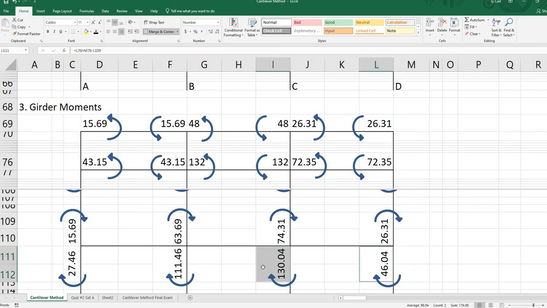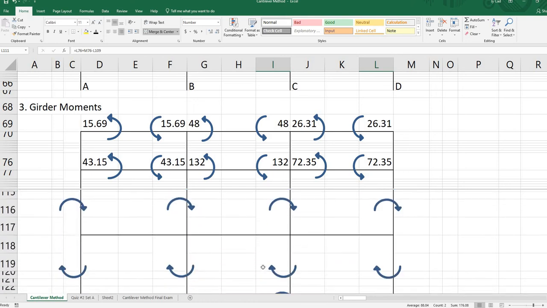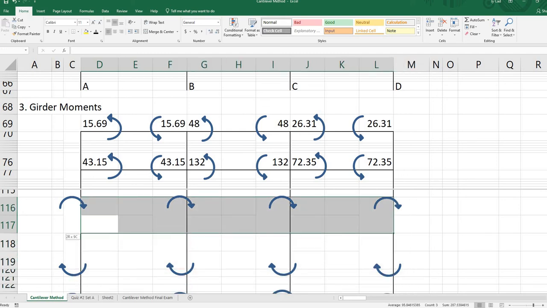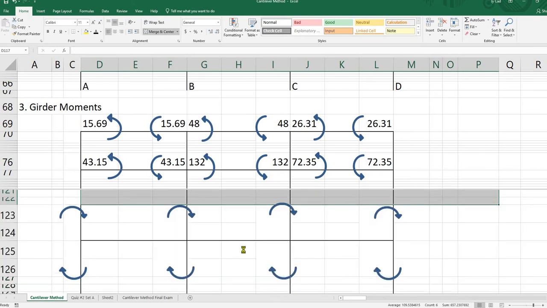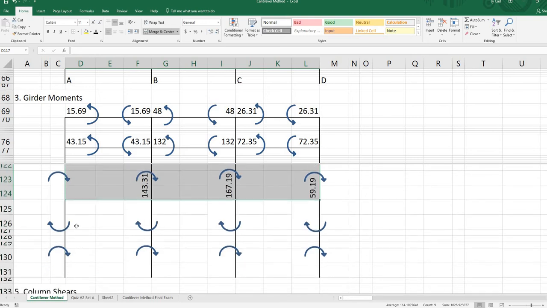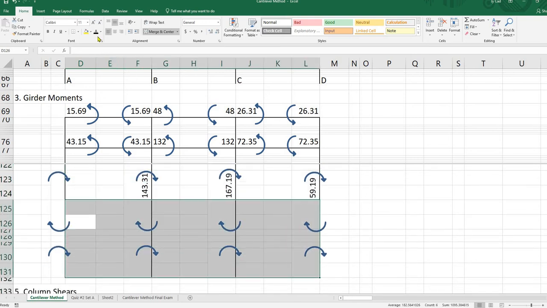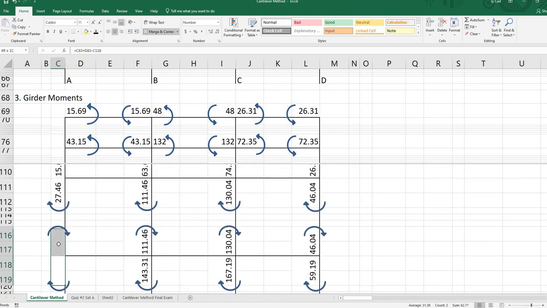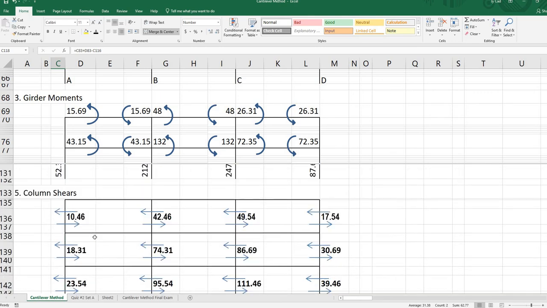Kung paano ko isinolve itong nasa third floor, same procedure din dito sa second floor tsaka sa first floor. Next would be column shears.